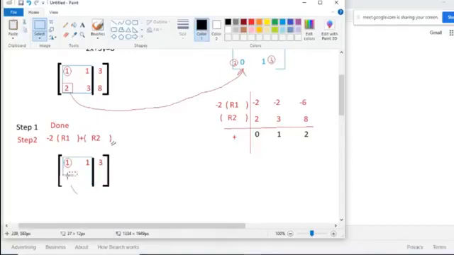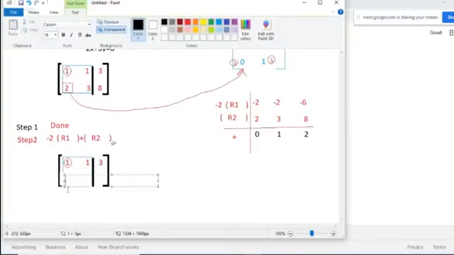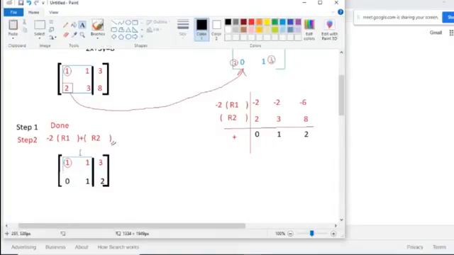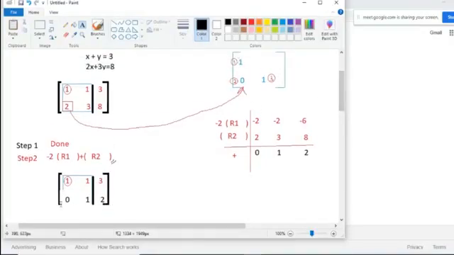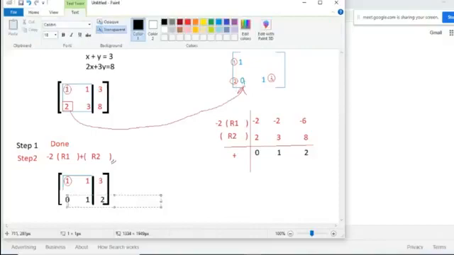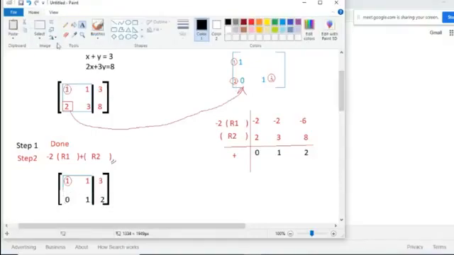And instead of R2, put this new result, which we did together. Then give me now the new result. What should I write now here? 0, 1, 0, 2, and 1 and what? And 2. Perfect. Then now look, the first step is the same as the first step, and the second step is the same as the second step. Then I should now compute step 3.